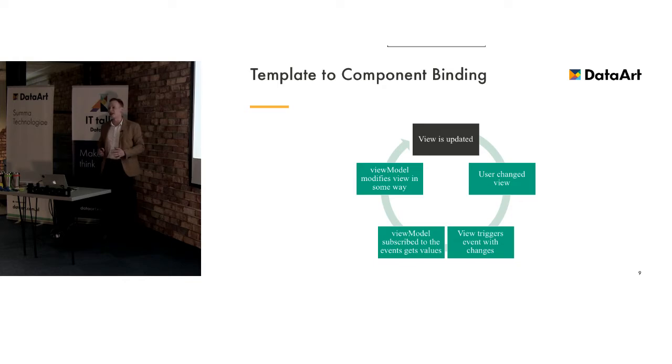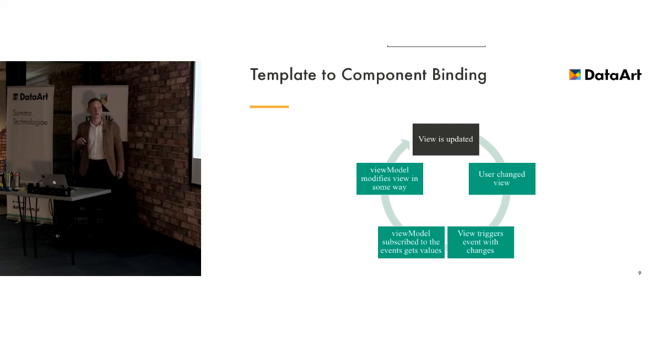It can all be explained as a cycle. Just see. We are starting here, so the browser rendered some page with our web application, and the user changed something. For example, he typed something in an input.